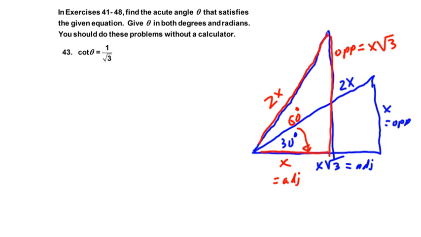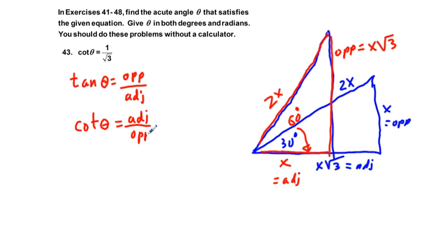Well, tangent theta equals opposite over adjacent. And cotangent is the reciprocal of tangent. So cotangent theta equals adjacent over opposite. And that's going to be 1 over square root of 3.